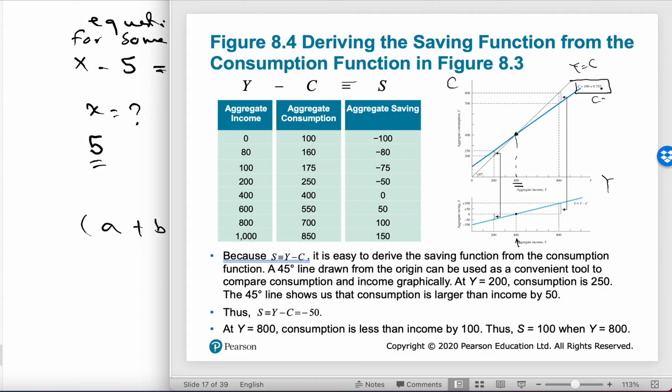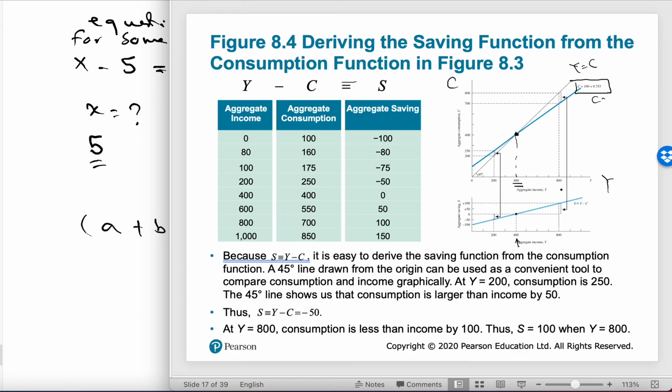You put 400 here, and this 400 multiplied by 0.75 becomes 300. 300 plus 100 is 400. So C and Y are going to be equal at this level of income.